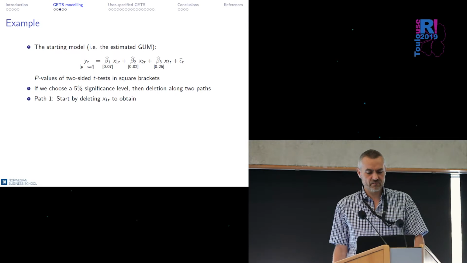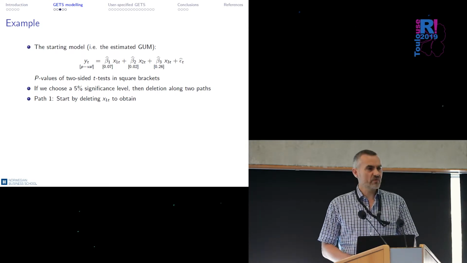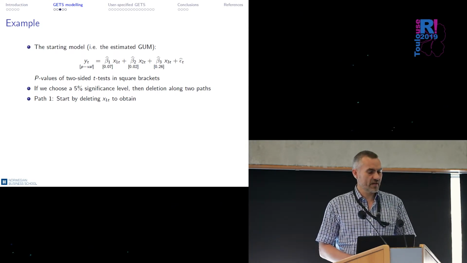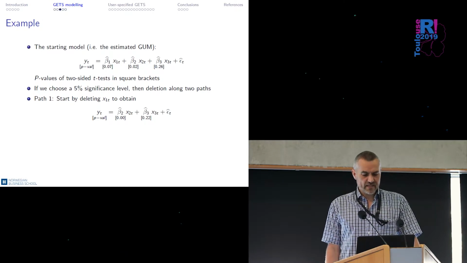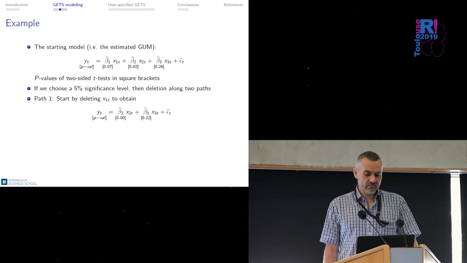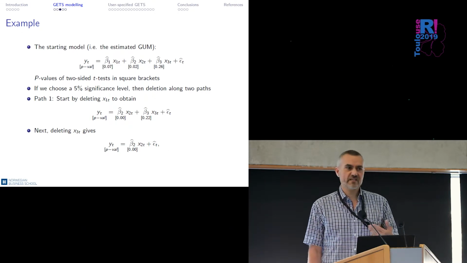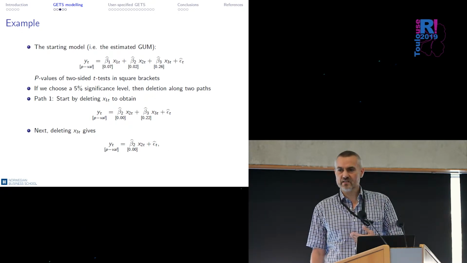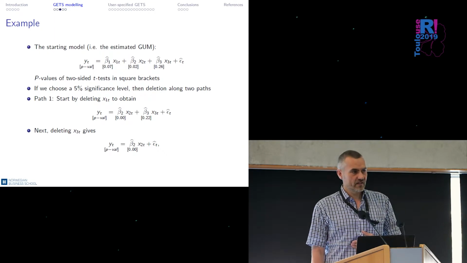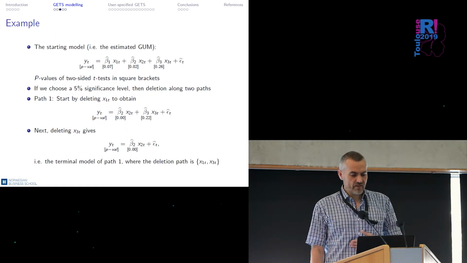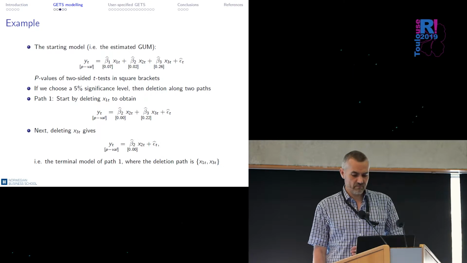We can start by deleting x1, because the p-value is larger than 5%, which means our next model is one without x1. There, one of the p-values is higher than 5%, on x3, so we delete that one as well, which gives us this model, which only contains x2. This is our final model, because there are no more regressors that are insignificant at 5%. So this is the terminal model of path 1.